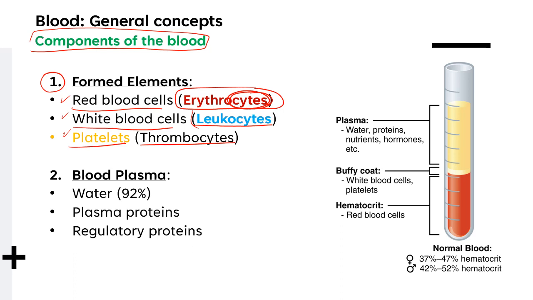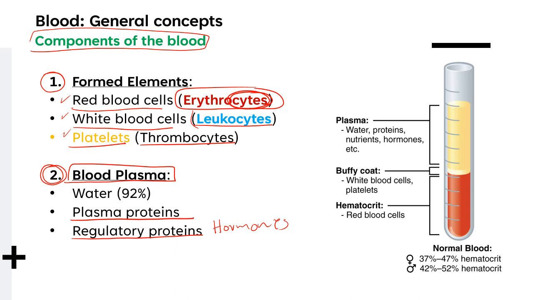The second component of the blood, other than the cells, is everything else. That is called the blood plasma. In the blood plasma, we have fibers, which are proteins, like plasma proteins, and regulatory proteins, like hormones, for example.